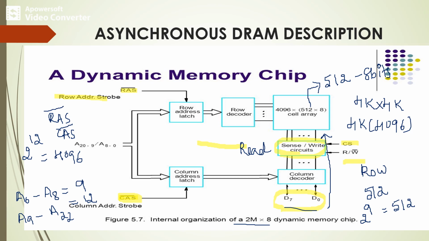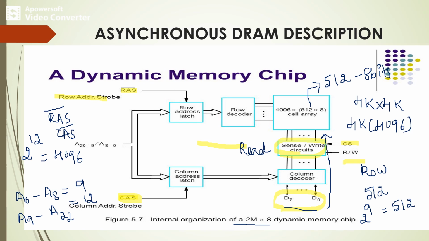In this case we considered a 2M x 8 dynamic memory chip, which consists of a 4096 x 4096 cell array. Once again the 4096 is considered as 512 groups, and within each of the 512 groups we can store 8 bits of information.